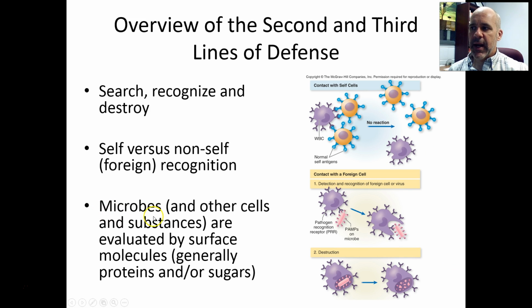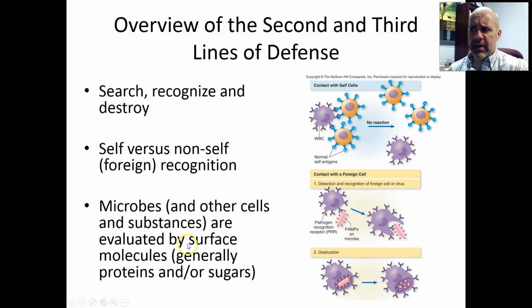So we'll see too that microbes, as well as other things that are foreign to the body, so your immune system attacks other things that are not microorganisms. Anything that's foreign to your body, your immune system should be trying to attack. But since we're in a microbiology class, we generally focus in on the immune system's attack on these pathogenic microbes.